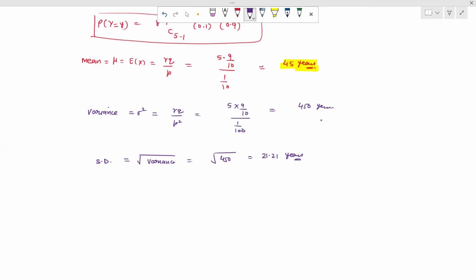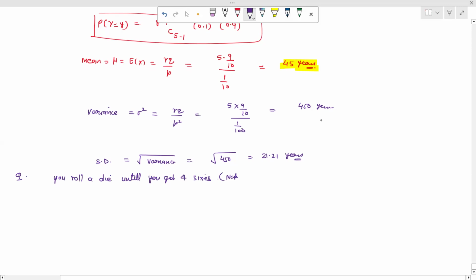Now we have one more question. You roll a die until you get 4 sixes, not consecutive.